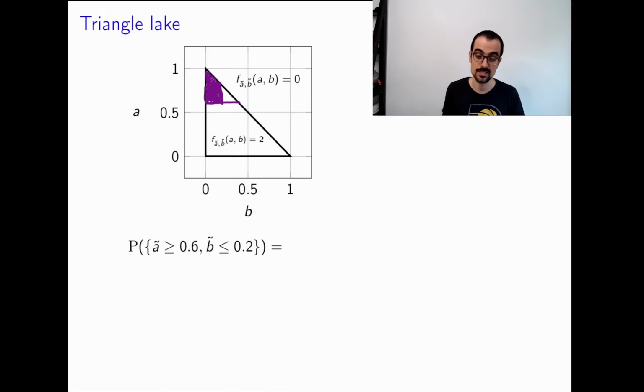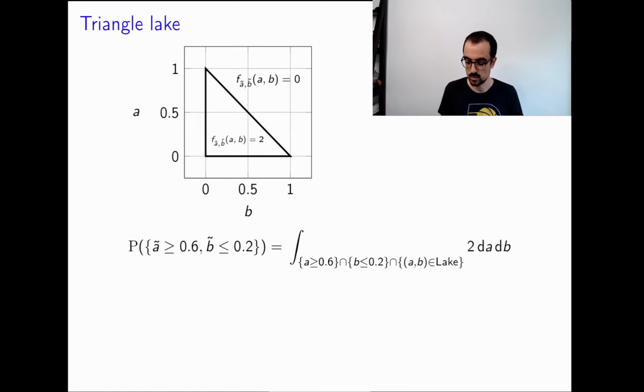So it's going to be essentially the area of that shape that I just drew multiplied by the constant c. Okay, I always like to write these things in terms of integrals. We're integrating over this set intersected with this other set, intersected with being inside the lake, because outside of the lake the density is 0. Inside the density is equal to 2.